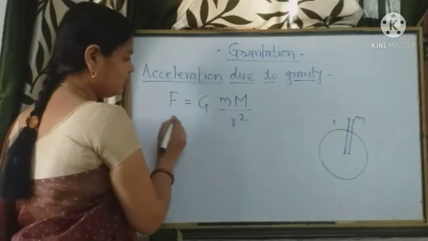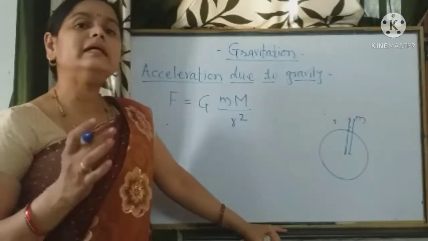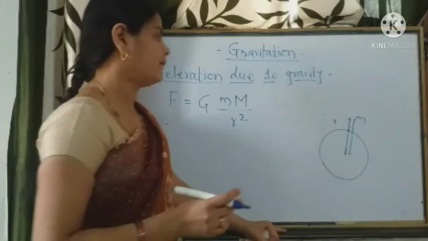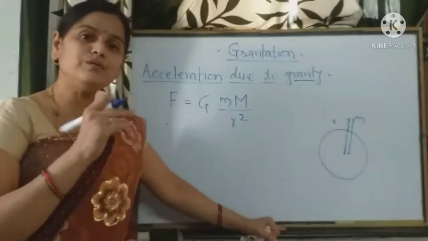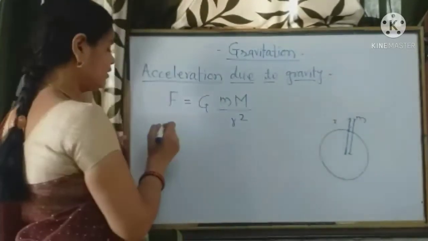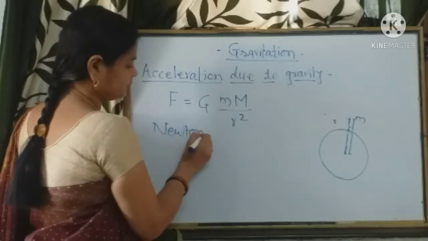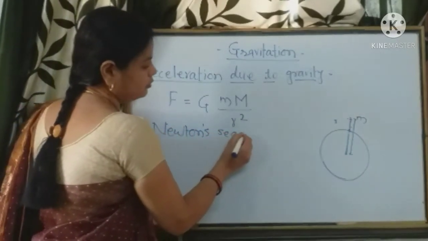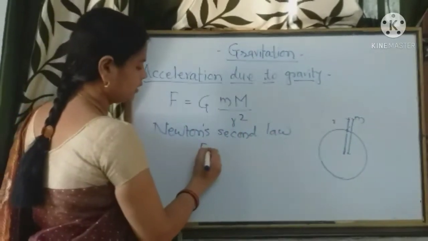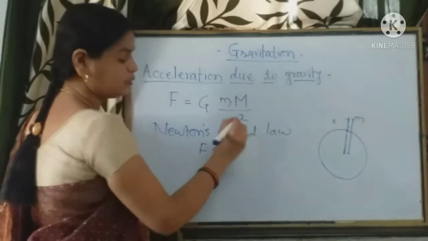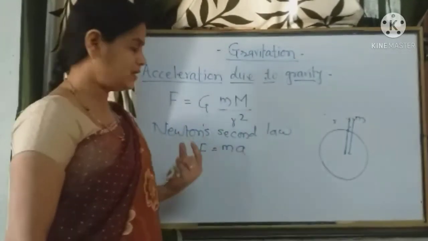From this formula, if we want to find out the acceleration felt by this point object of mass m due to earth, that can be found out using Newton's second law. You know that F is equal to mass into acceleration, isn't it? Force is equal to mass into acceleration.